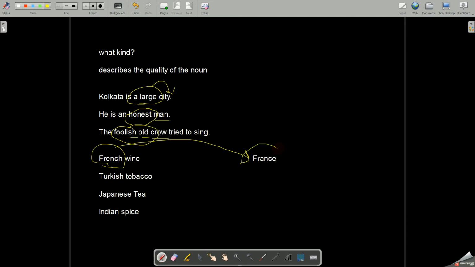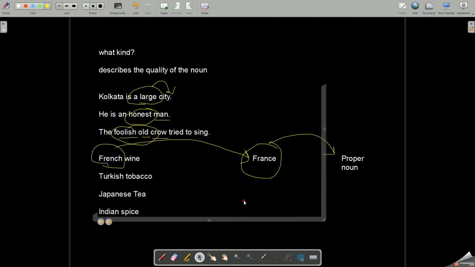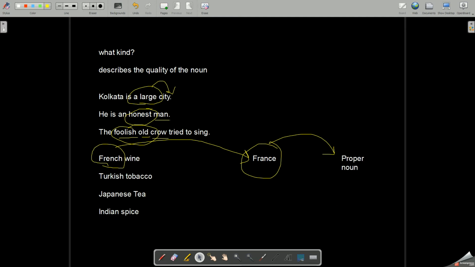And because it has been derived from the word France, we know that France actually represents what? A proper noun. But here we are trying to describe a wine which is of a specific quality. French wines are considered to be world famous, and so we are trying to highlight the property of French wines. What kind of wines are French wines?